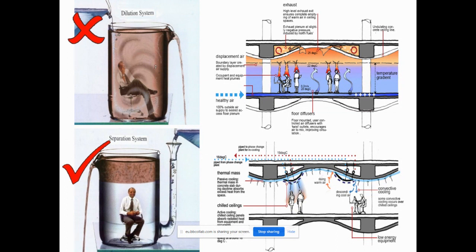And the hot air then rises up and is exhausted at the top. Now, the normal air conditioning system drops cold air from the ceiling down on top of the man, and it is recirculated 6 times an hour, whereas the one on the bottom left does not recirculate any air.